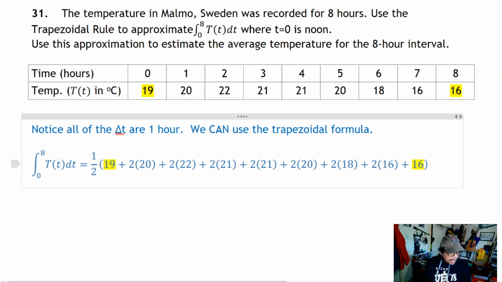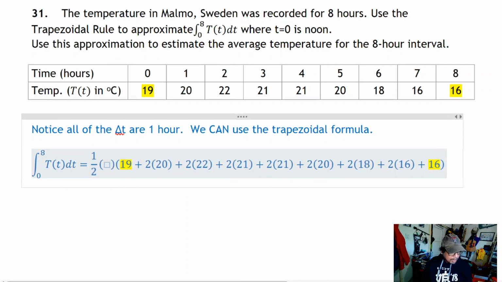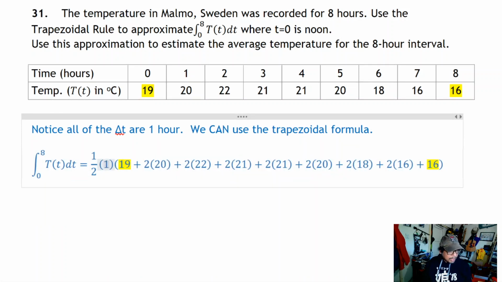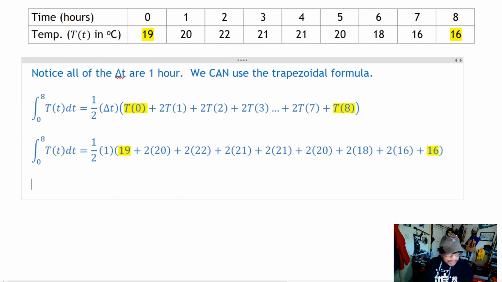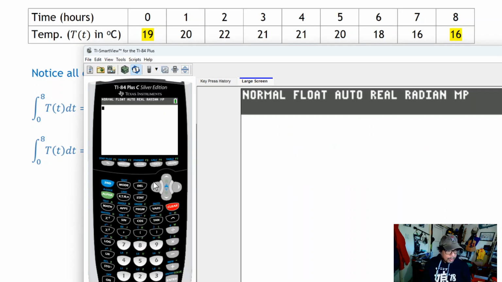Now, the only thing I forgot to put here is my delta t. Sorry about that. My delta t here is going to be 1. Okay, I thought it'd be a good idea if I left that formula there. Let us calculate this using our TI. We'll put our 1/2.